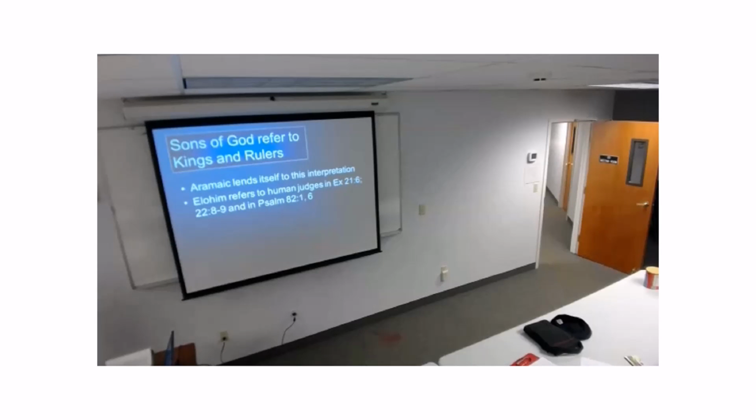Elohim can refer to human judges, and these are the texts where the Bible uses it that way. It is used similarly in Babylonian texts, and kings were often called Elohim. And the term Nephilim refers to the fallen ones. So here you have rulers who have fallen.